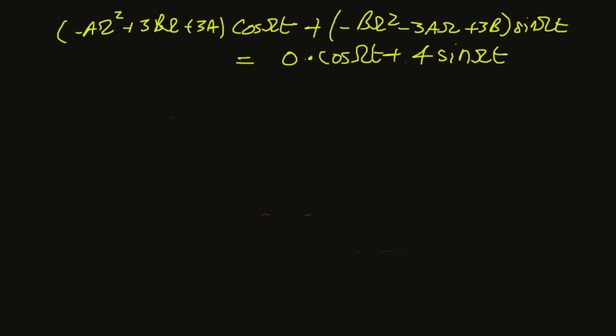Okay, so if you watched the previous video, you know we're gonna match, just like if you did with partial fraction decomposition, and you're going to equal these coefficients. So this is 0, right? And this is 4.